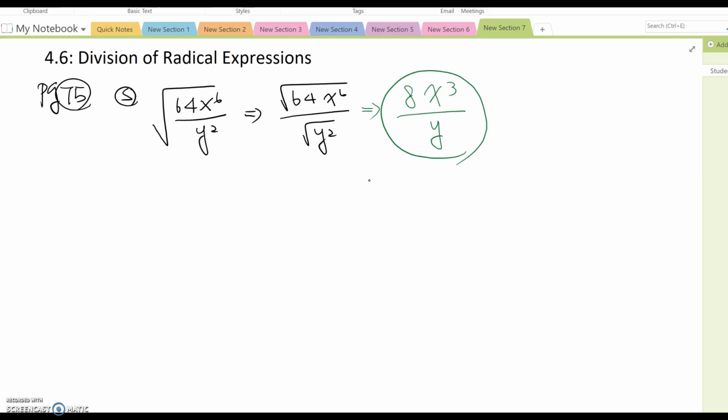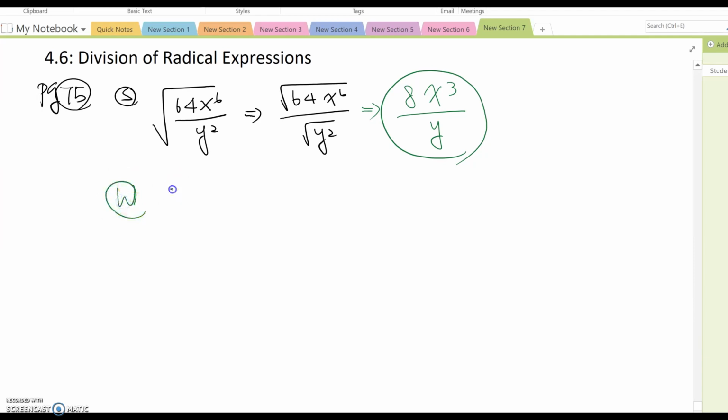Okay, then what about different cases? What if it is not exactly divisible or simplified evenly, such as letter W?